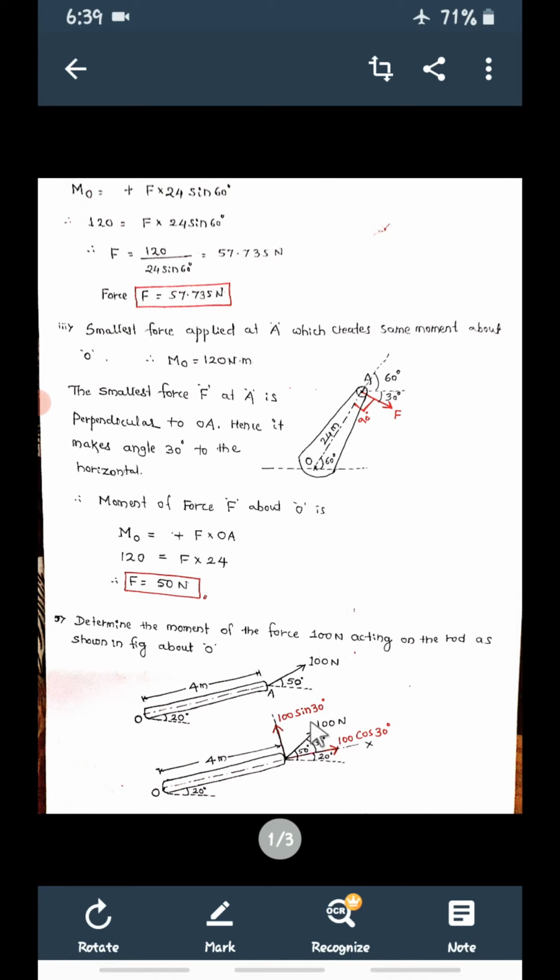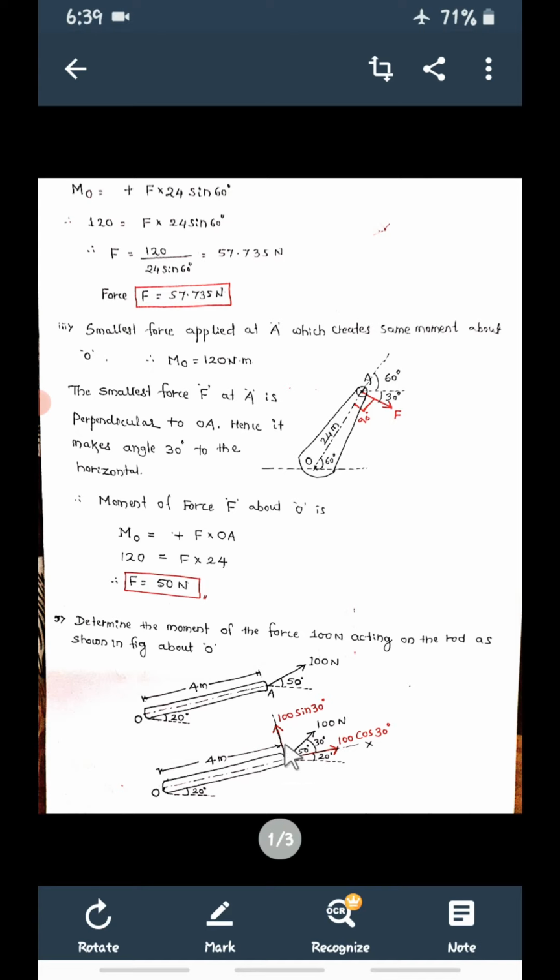Now let us resolve this 100 Newton force along the x-axis and along the y-axis. This force is making an angle of 50° with the horizontal axis.